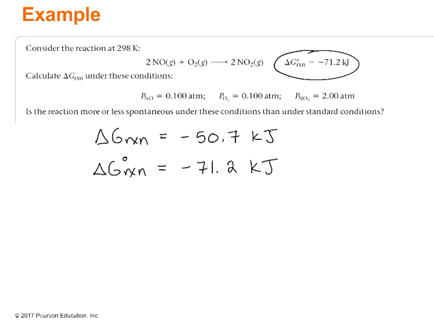Because that will be the more spontaneous process. So it looks like delta G of the reaction is more negative under standard conditions. So that means that the reaction with these given partial pressures is less spontaneous because it's less negative.